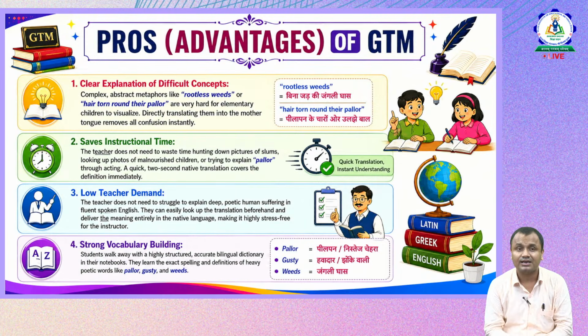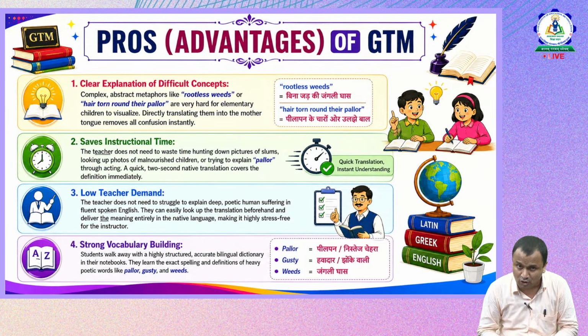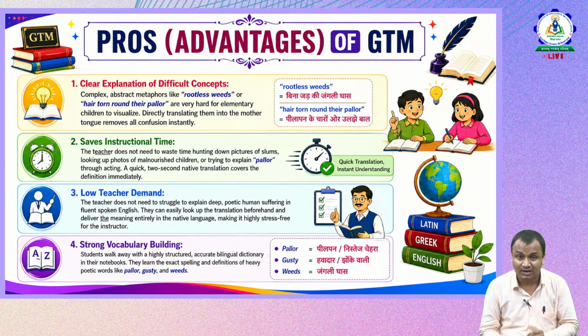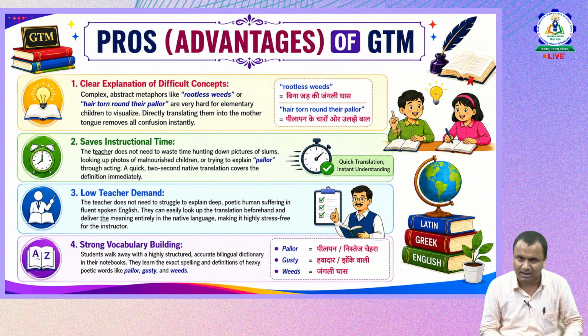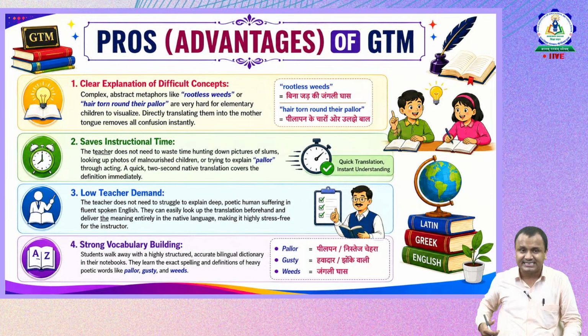Number 1 is clear explanation of difficult concepts. While teaching literature, a poem or a story, generally we have some abstract, difficult concepts which we cannot explain with the help of charts or realia in a beautiful manner, and that too in the easiest way.